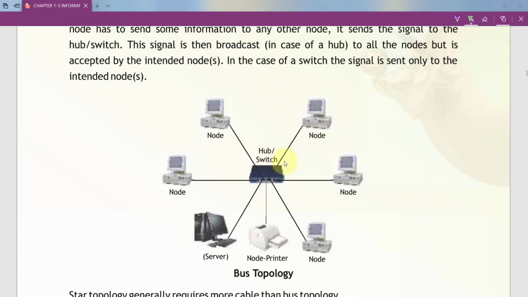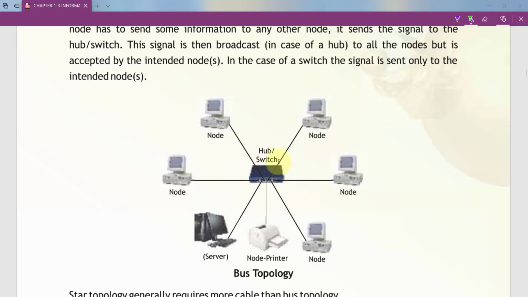But if there is a switch, the switch does not broadcast the signal. It will directly switch our signal to that particular node. It will never broadcast the signal. It will directly send to the particular node which it is intended for. Okay.